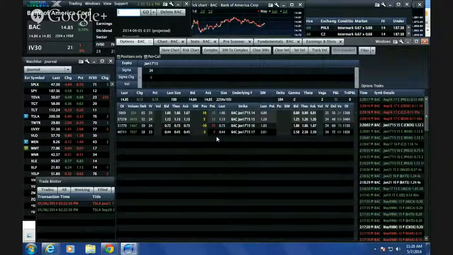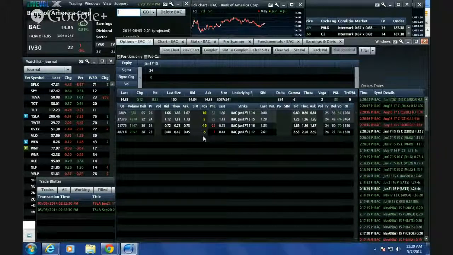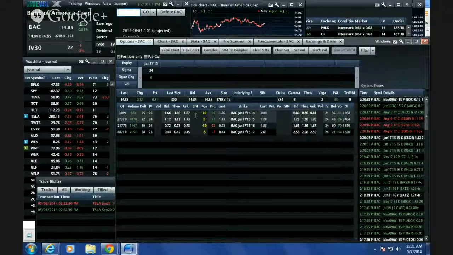It's very similar to my Apple trade, where I'm trying to make 100% return if the stock ends up on the short strike, on the short options that I have. I'll make 100% of my money by that time. So I have that on.